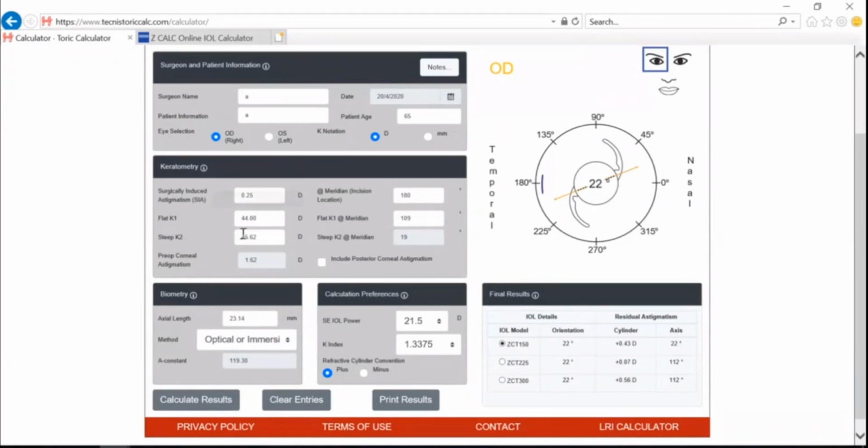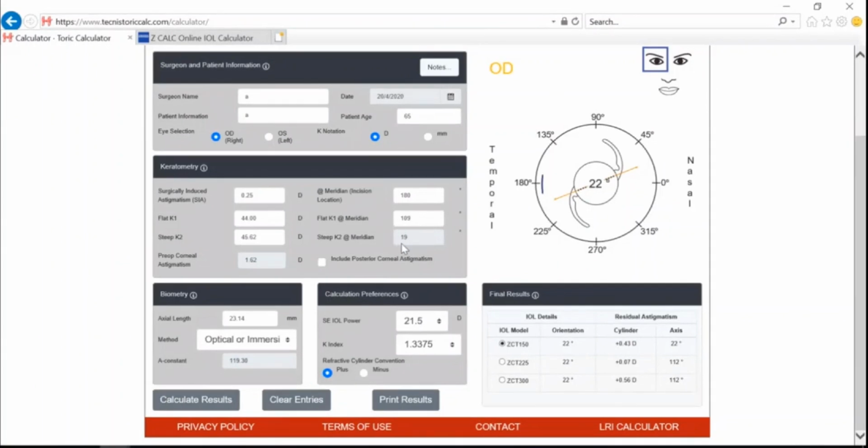If you look at before surgery, the steep axis was at 19 degrees, so it's really close. The reason it shifted slightly is because your incision, where it's placed, has induced some astigmatism, and because it is not exactly where the primary axis was, it's going to shift your axis slightly.